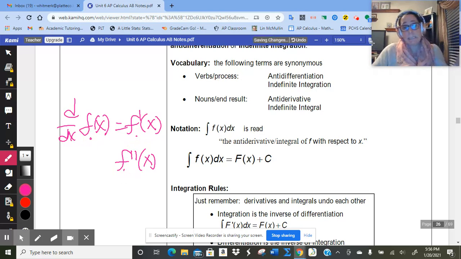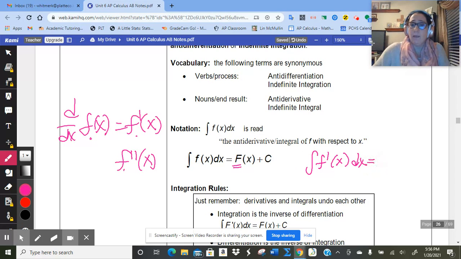When I take the antiderivative of a little f, I get a big F, okay? Now, if I took the antiderivative of f prime, then one before it was still a little f, plus the constant of integration, okay?